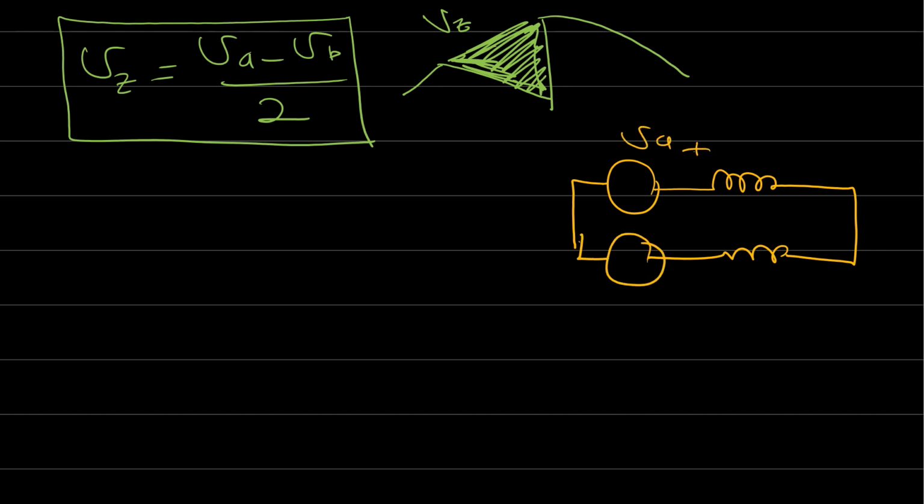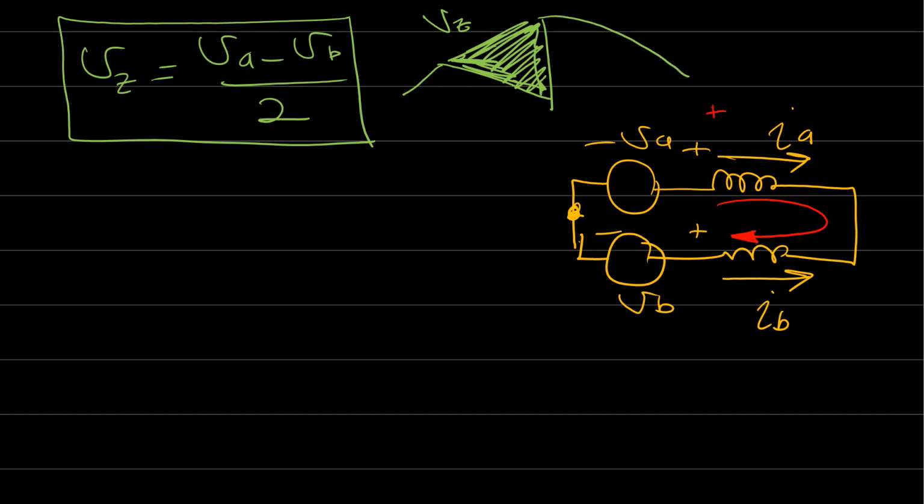This is VA, and this is current IA increasing and current IB decreasing. And the current IZ, let's say this is moving in this direction, so the voltage here is plus minus L dIz by dt, and this is plus minus L dIz by dt.